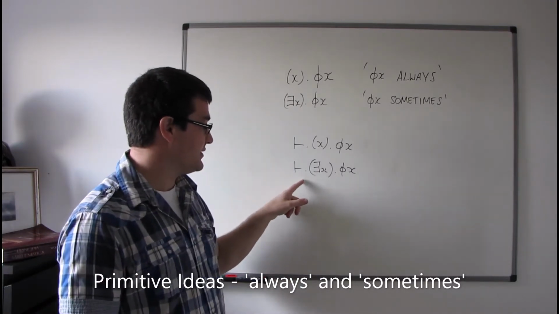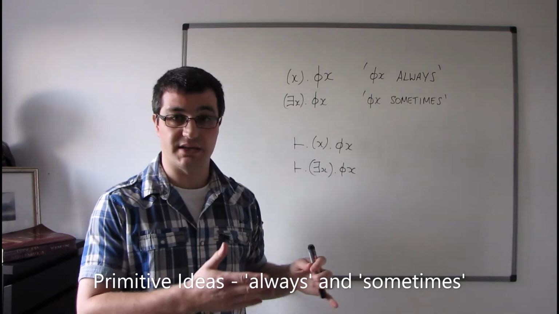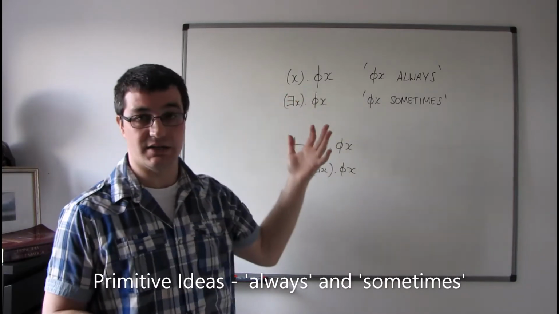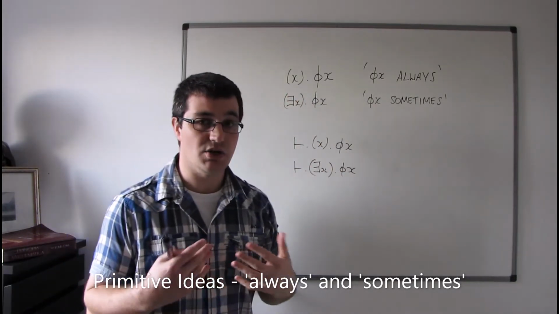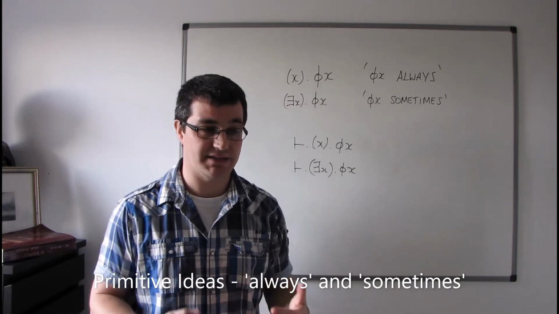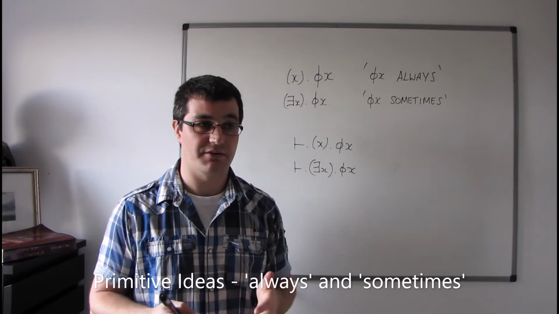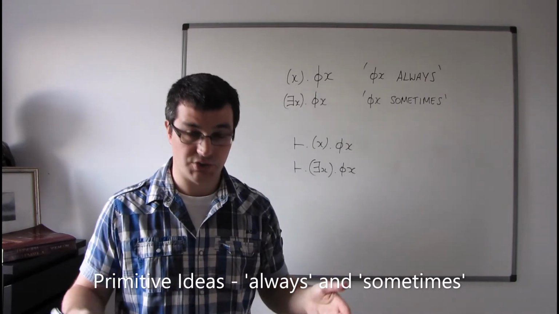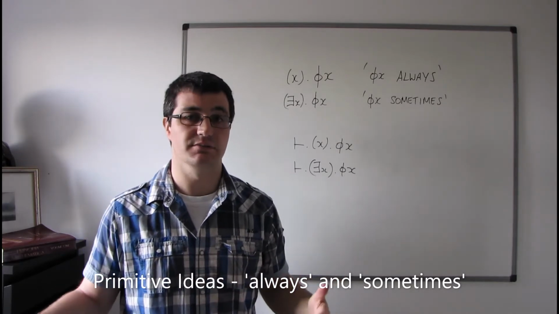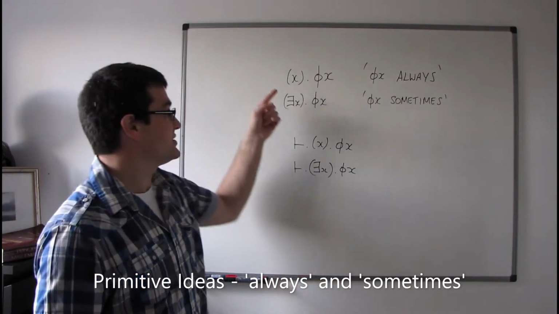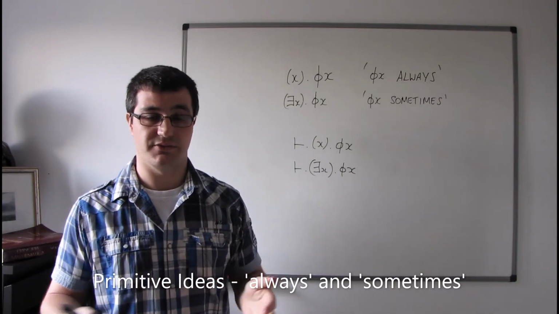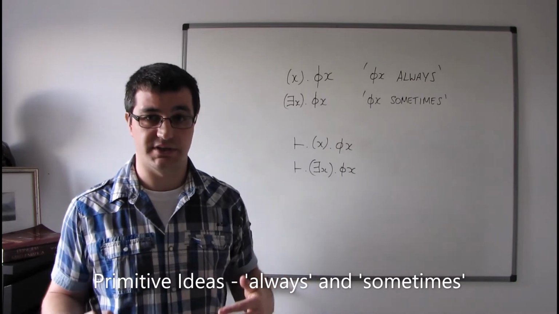And on the other hand, this phi x sometimes would be the disjunction of all of the values. But because the range of values of x is usually going to be infinite as we go through the Principia Mathematica, and because we don't have a notion of logical product as applied to an infinite number of terms, nor a disjunction as applied to an infinite number of terms, we can't just see these as mere abbreviations or a shorthand notation for these logical products or disjunctions.